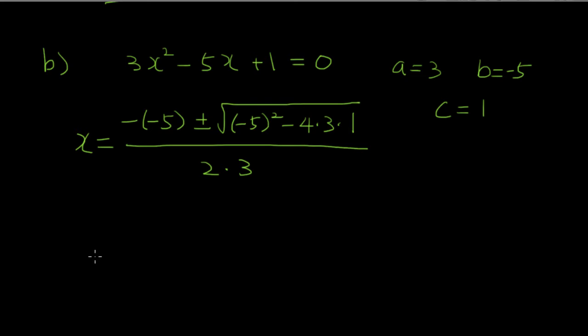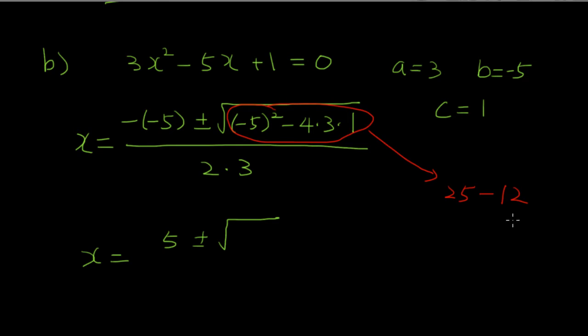So let's simplify this. So x is going to be double negative, positive, plus minus square root. Well, let's calculate the inside part right about here. So -5 squared, that's the same thing as 5 squared, that's 25, minus 4 times 3 times 1, I think that's 12, so that's 13.